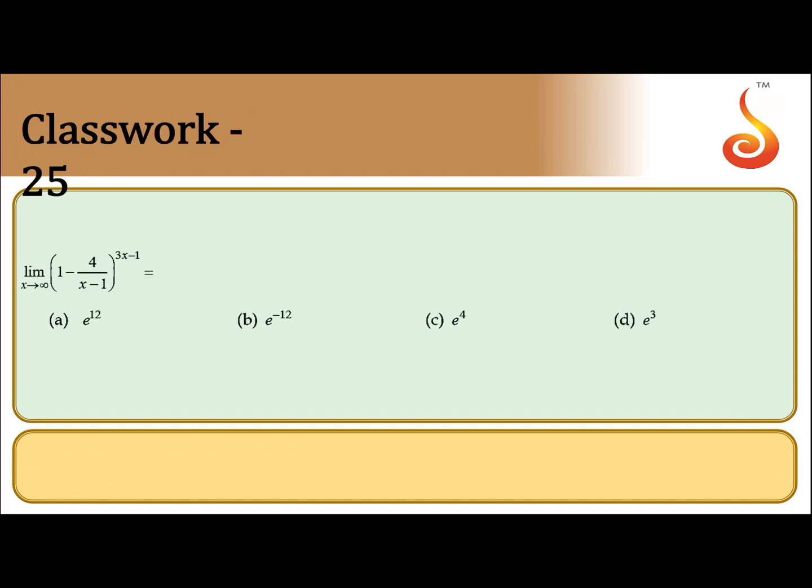Coming to the next one. 1 minus 4 by x minus 1, to the power of 3x minus 1, and the limit as x tends to infinity. Of course, x tends to infinity is the same as x minus 1 also tending to infinity. 3 times of x minus 1, plus 4.